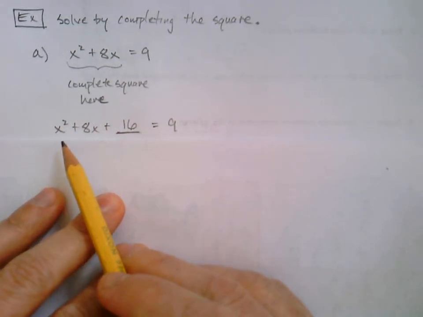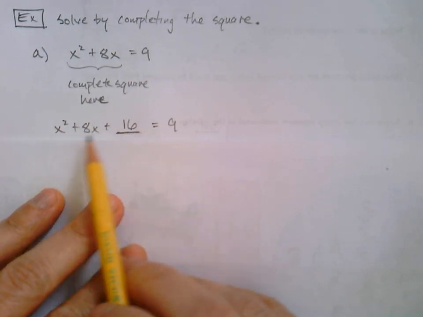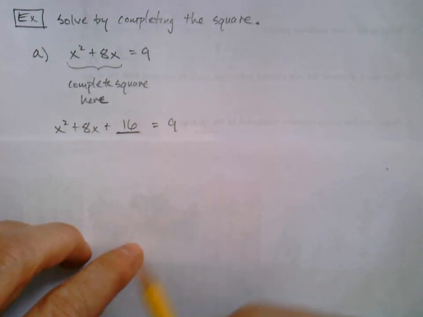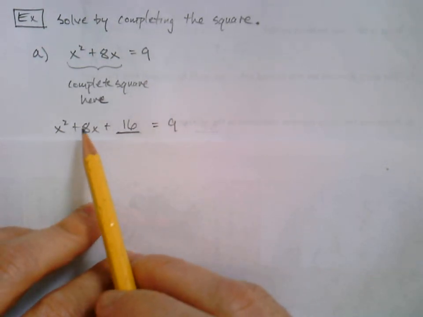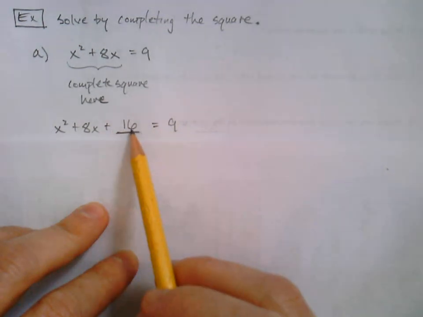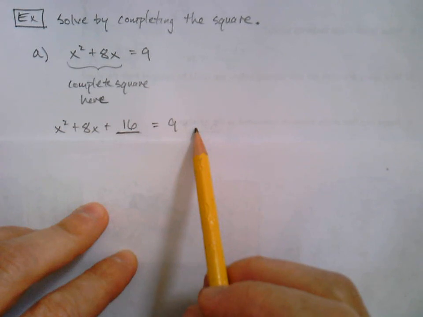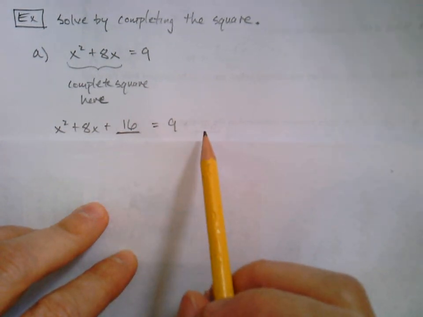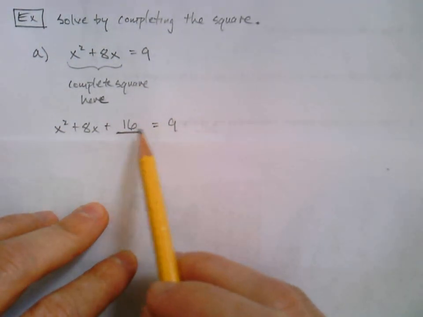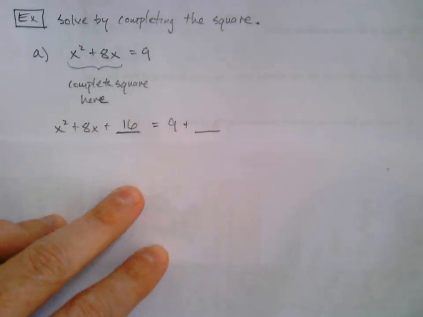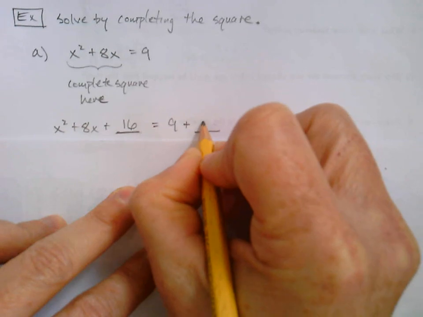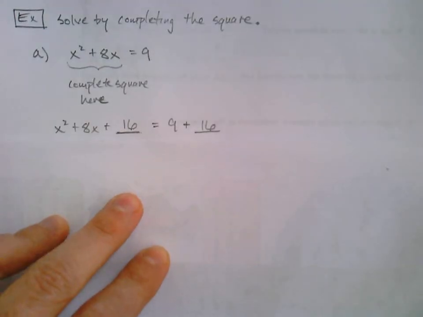Now at this point, we should pause and say, okay, this is good. I completed the square there. We'll see what happens next. But wait a second. If I just add 16 to the left side, don't I have to do it to the right side as well to keep it all balanced? So if I add 16 to the left, I also need to add that same number to the right side.